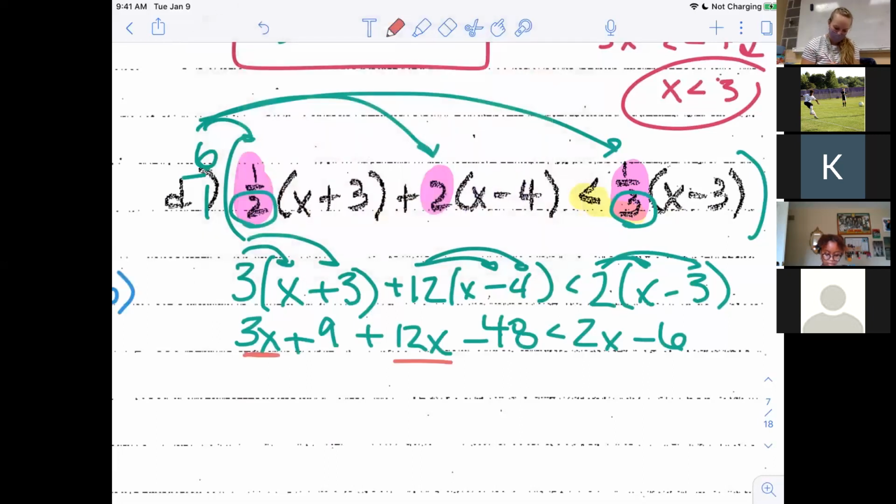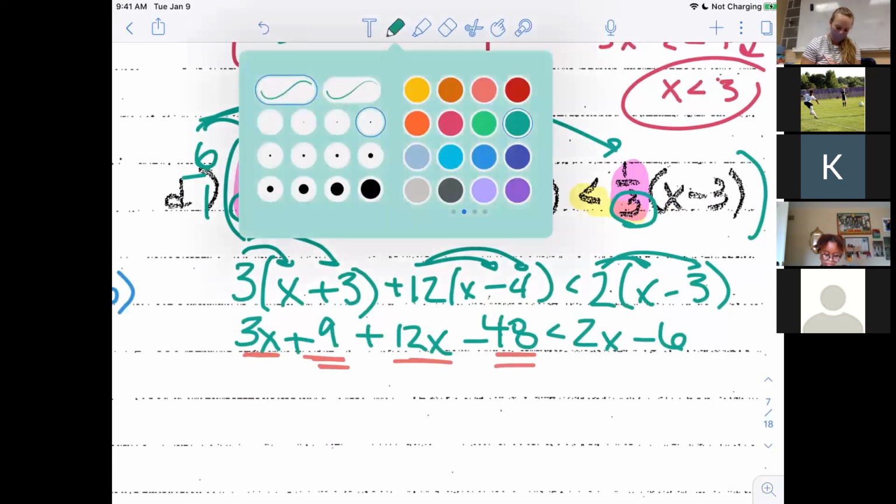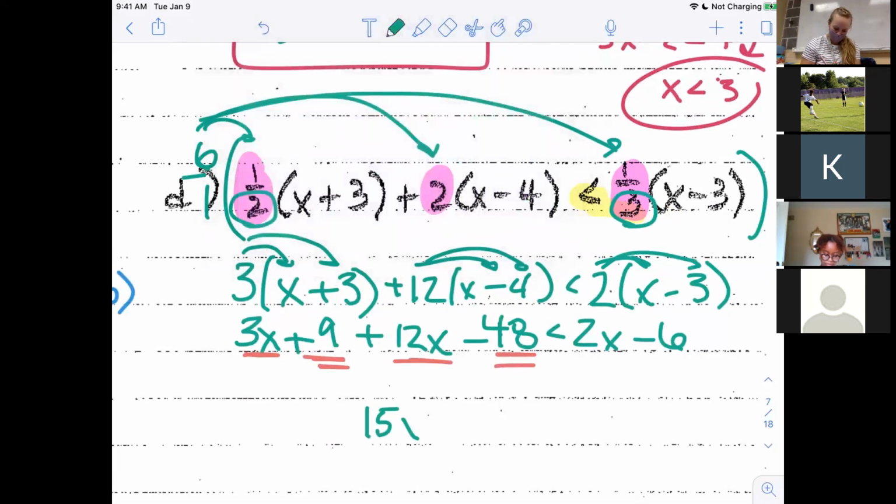Combine. 15x minus 39 less than 2x minus 6.